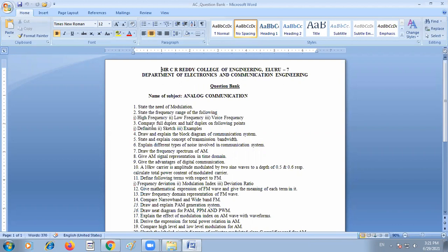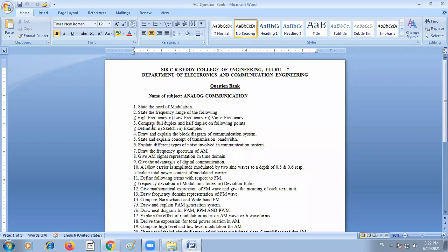After modulation, the signal is given to the channel, where the noise is added. After the channel, output is given to the demodulator. The demodulator is nothing but the opposite of the modulation, and the demodulation output is given to decoder. The decoder output is given to sink or destination. Okay, this is the communication system block diagram.